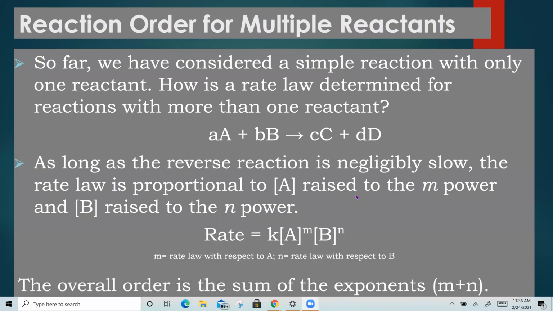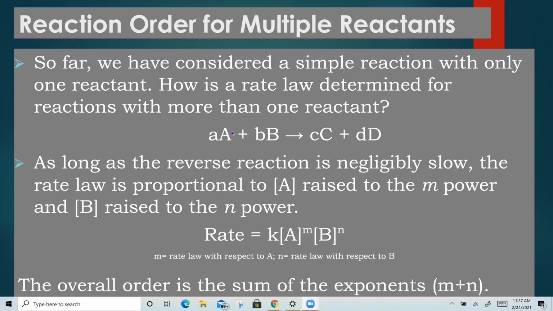Okay, now writing a rate law with more than one reactant. So far, we've only seen A to products, right? Now we're seeing a whole equation, and we got aA plus bB to cC plus dD, where the lowercase a is representing the coefficient, and where the uppercase A is representing the compound, not the concentration.